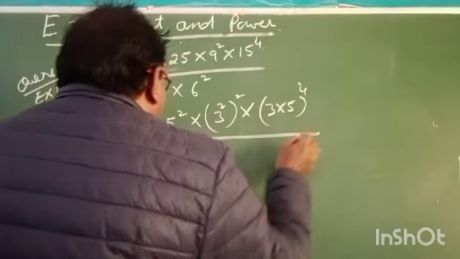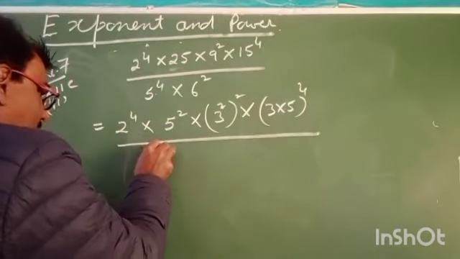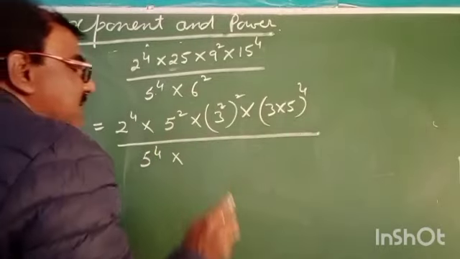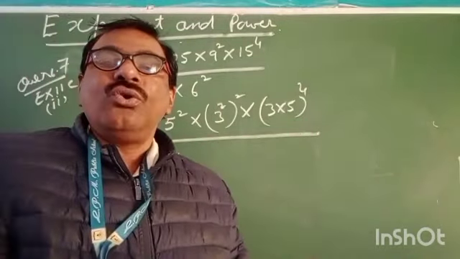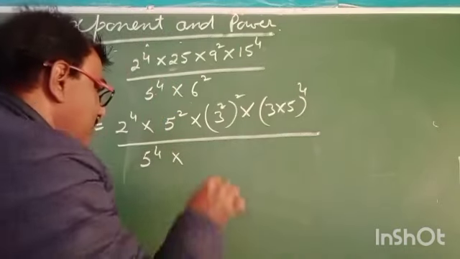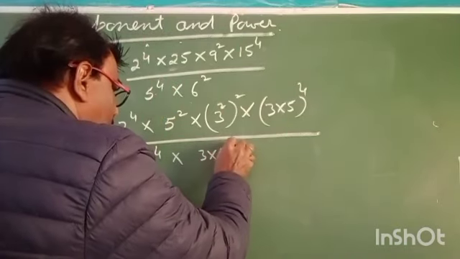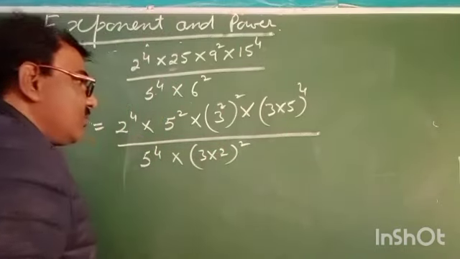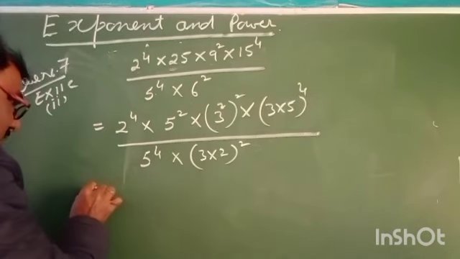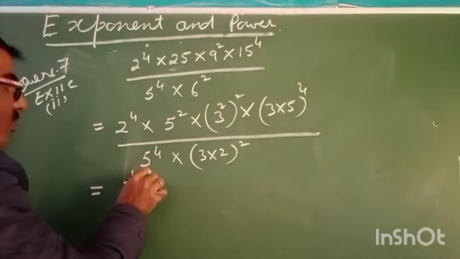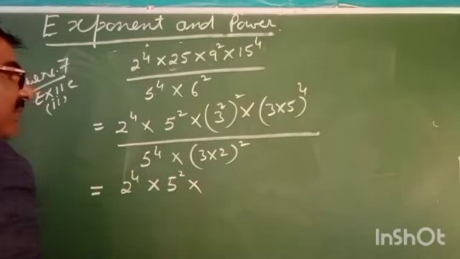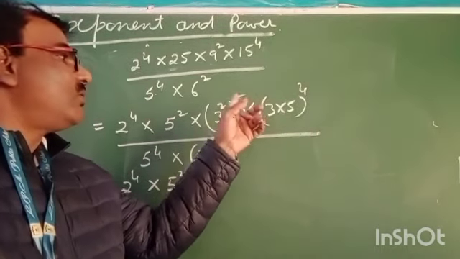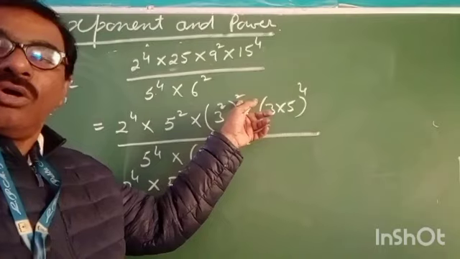Now here is 5 to the power 4 multiply 6. 6 is the multiplication of 3 and 2, so I will write 3 multiply 2 whole square. So dear student, here 2 to the power 4 multiply 5 square multiply 3 square whole square.